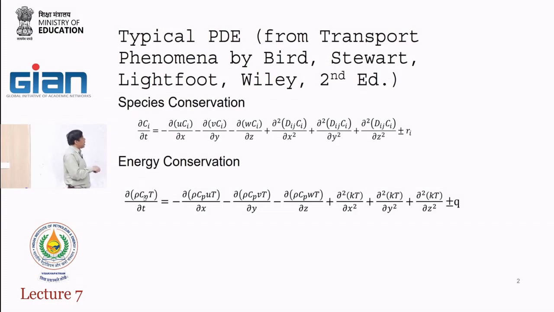When you look into the energy conservation, it is the same thing. This is the time derivative. And then here we have the corresponding terms for the convective transport, and then we have the conductive transport, and then we could have any other kind of heat that is interacting with the environment, right?